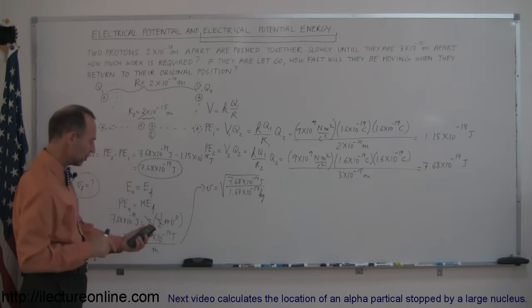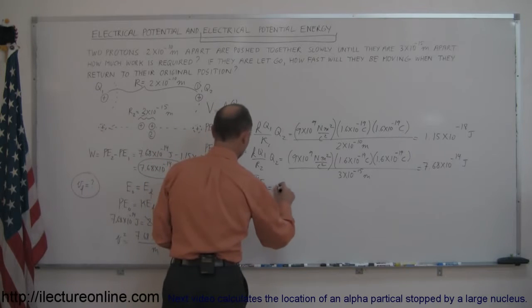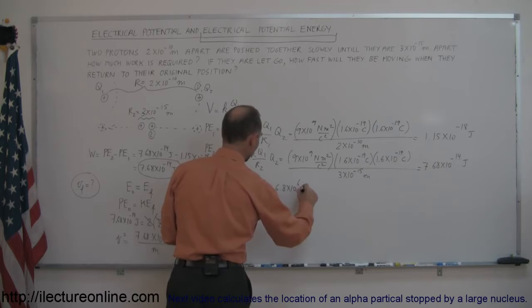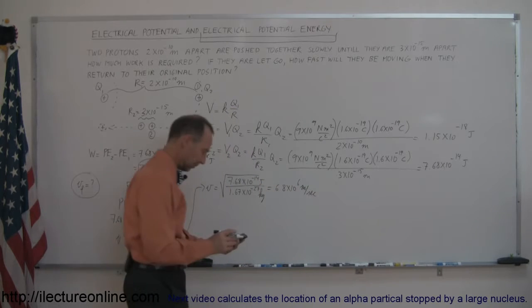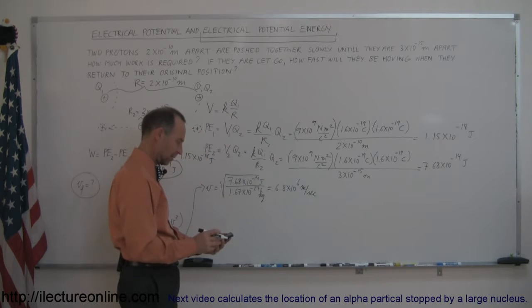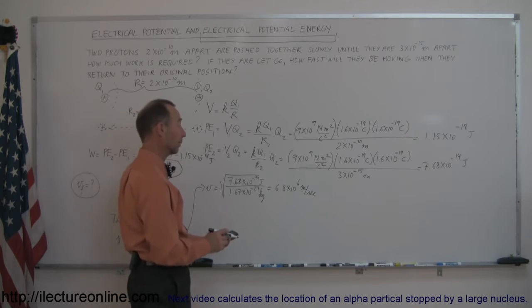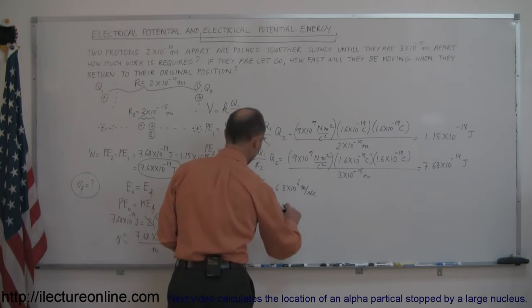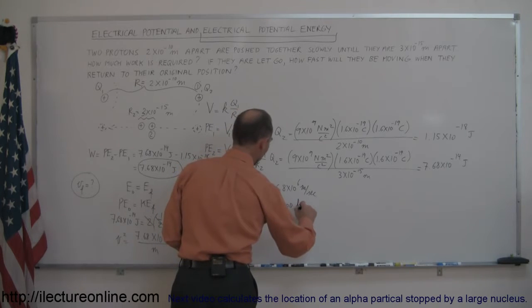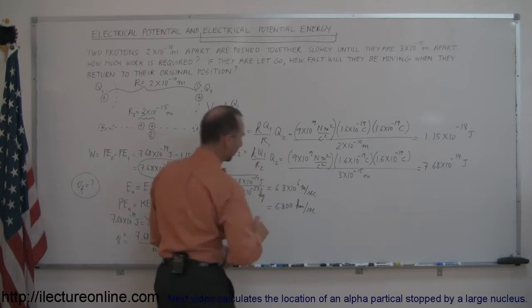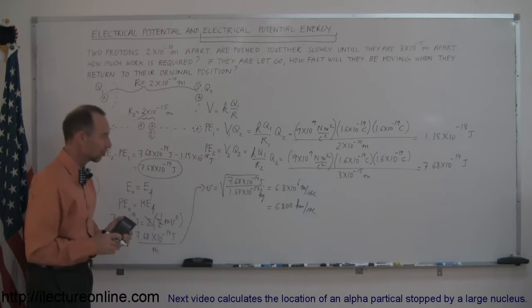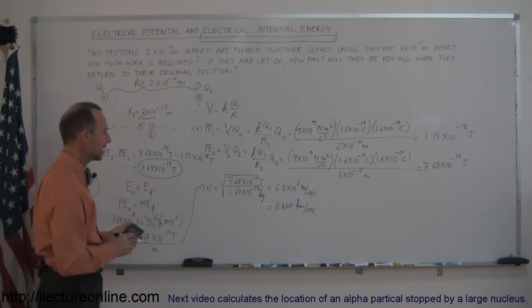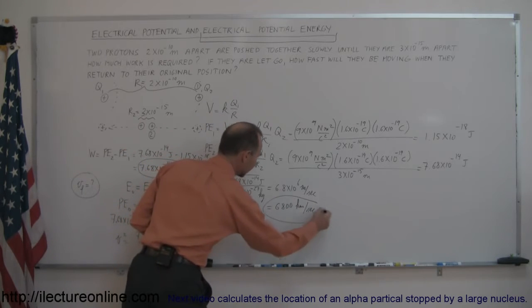That's 6.8 times 10 to the 6th meters per second. Let me verify that. Yeah, that's right. Wow, 6.8 million meters per second, or 6,800 kilometers per second. They would be moving so fast I could travel across the country and beyond in 1 second. And that's the answer for the second part of the problem.